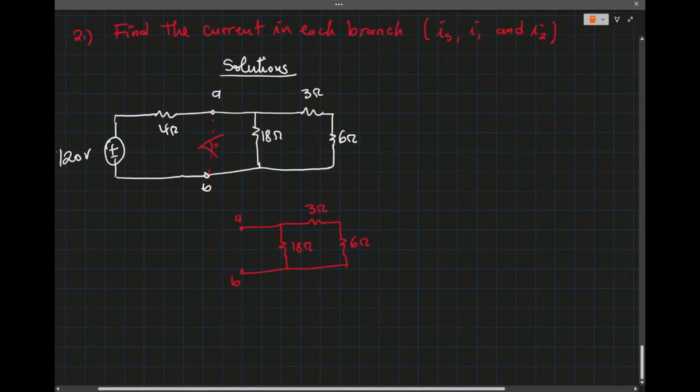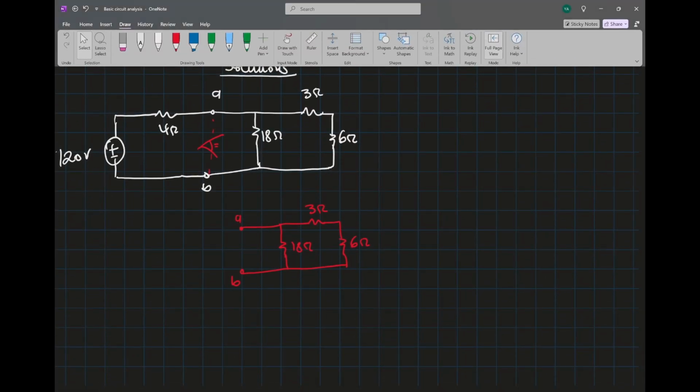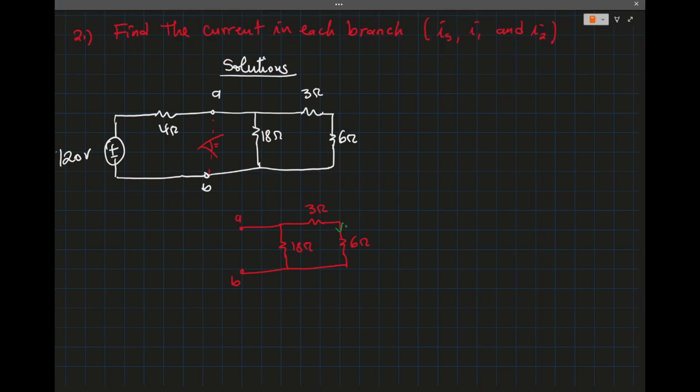Okay, so if we look at this carefully, we know that the current I2 here is the same current that's the current through the 3 ohms and the 6 ohms. So the 3 ohms and the 6 ohms carry the same current. So this implies that they are in series.